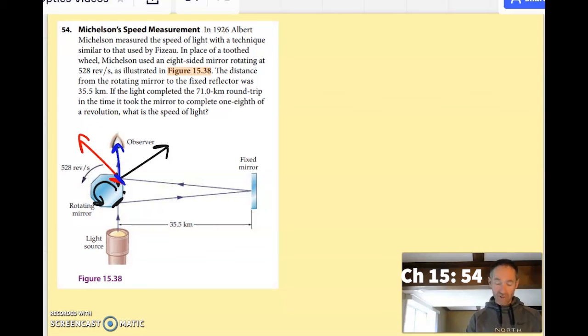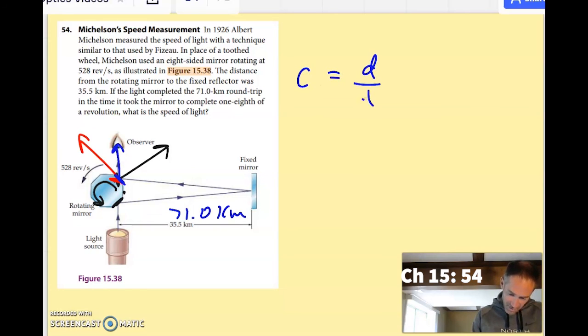Now, all that is to say, the time that they give us is in revolutions per second, and they say if the light is going to travel over here 71 kilometers round trip, they say how much speed does the light have here? Well, easy enough to do. The speed of light is going to be the distance divided by time.